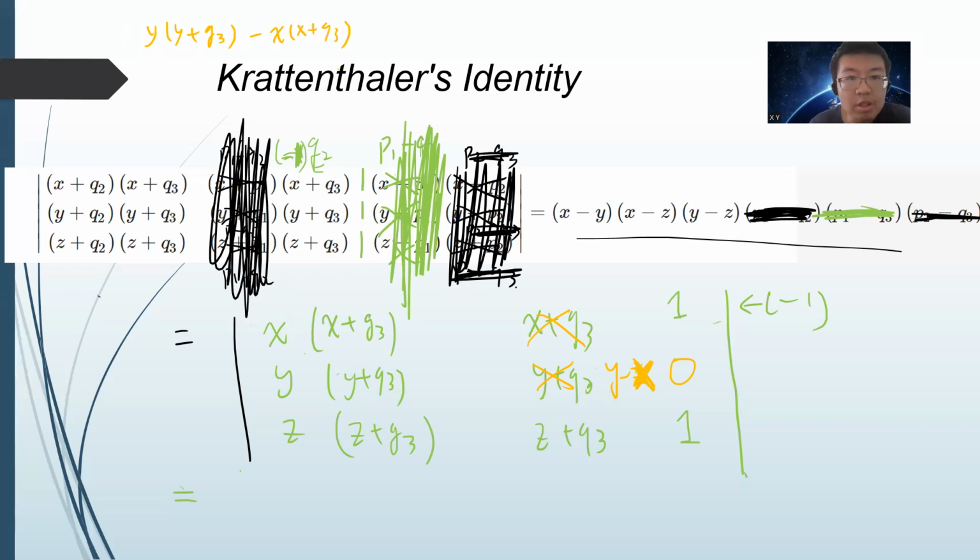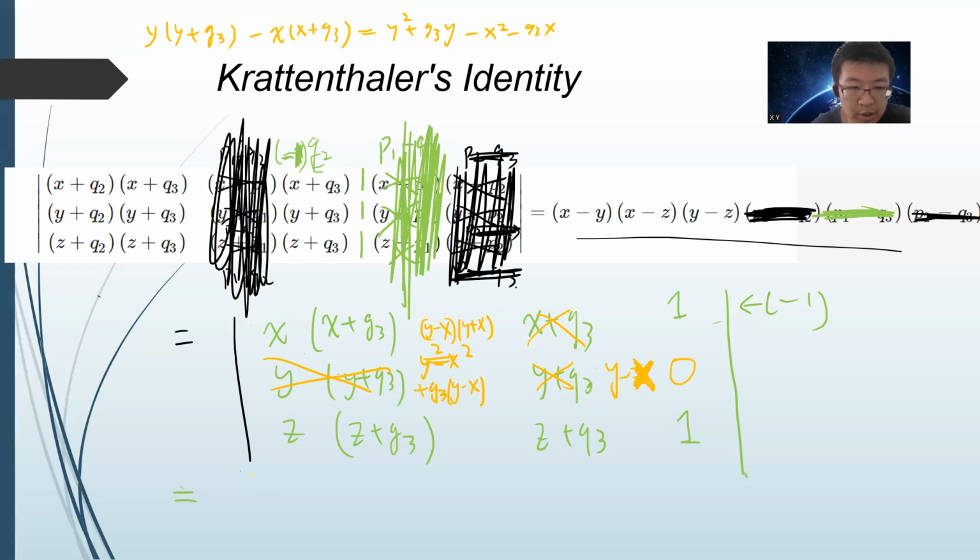So I get y squared plus q3y minus x squared minus q3x. Okay, still has a chance, but not yet finished. Plus q3y minus x. Now you can see that this guy can be written as y minus x, y plus x. So I can combine these two.